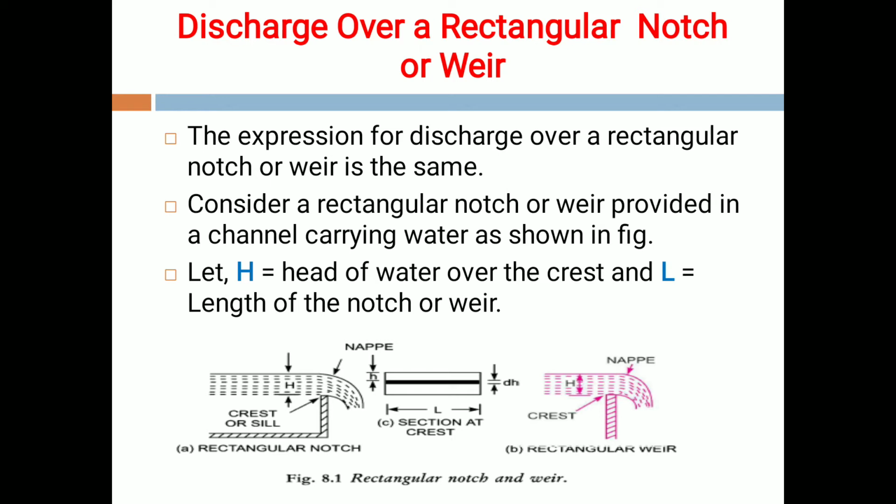So, consider a rectangular notch or weir provided in a channel carrying water, as shown in figure 8.1. Let H be the head of water over the crest and L be the length of notch or weir.